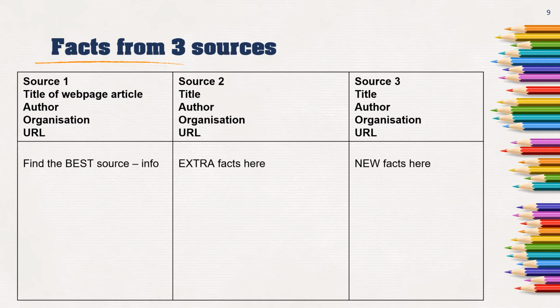And then I like to find another 2 articles that have got top-up information so that I can demonstrate I used 3 sources. But I often like to find a really good source first, and the other 2 sources will just add some extras in to make it more interesting.